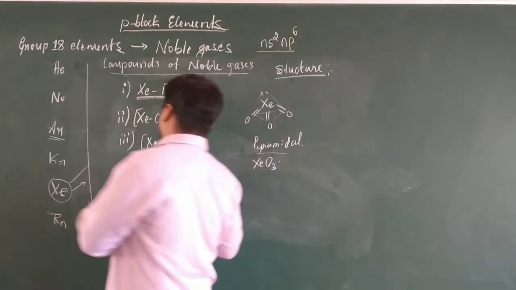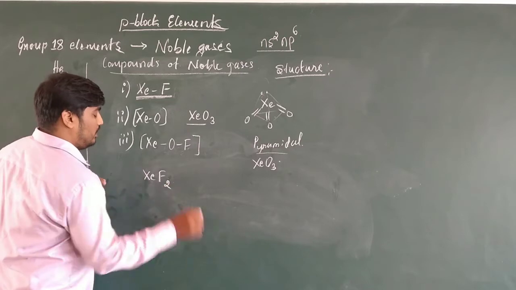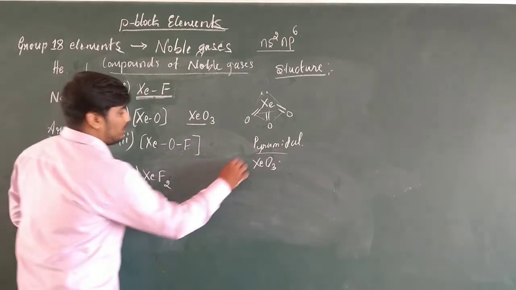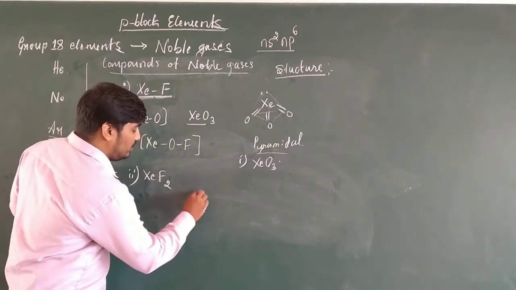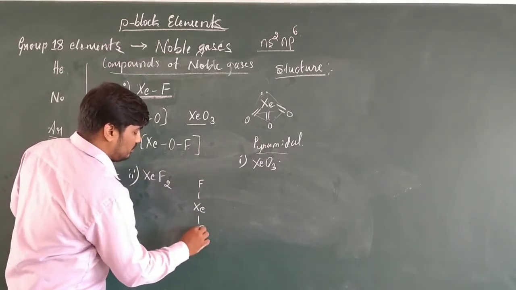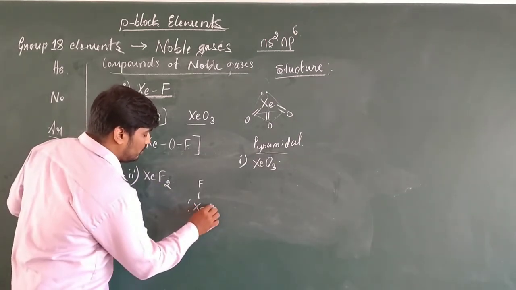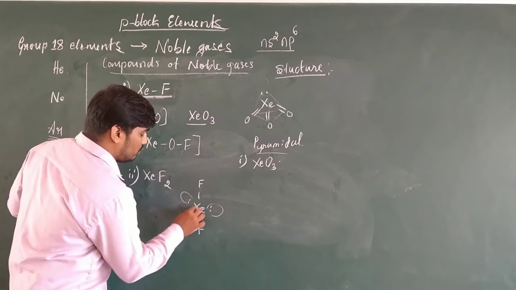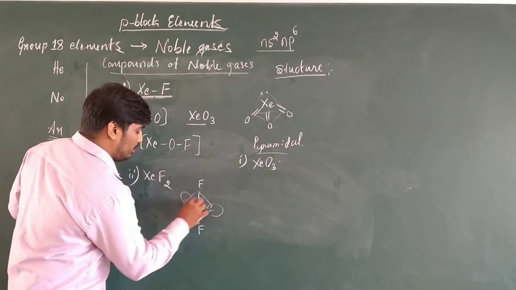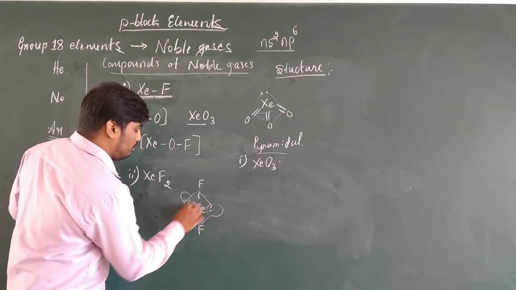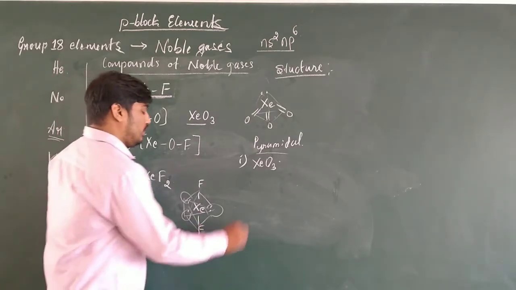Consider here xenon fluorides. First compound, xenon difluoride. Xenon at the center and fluorides, actually it's linear, but when we consider the lone pair of electrons on xenon, then it is trigonal bipyramidal geometry.